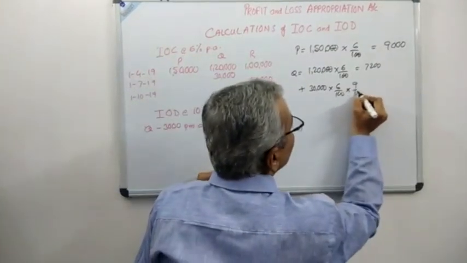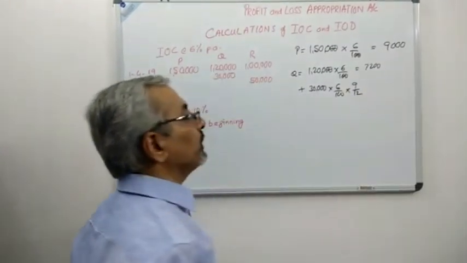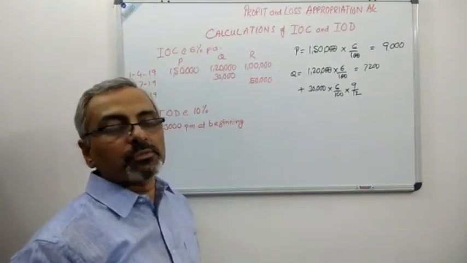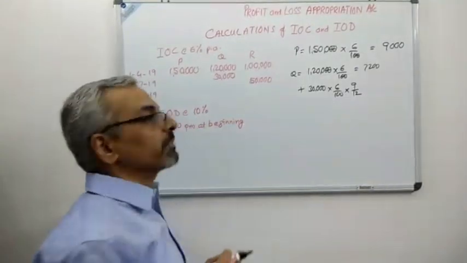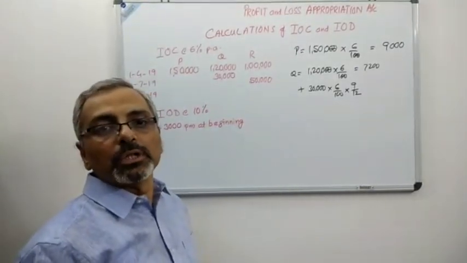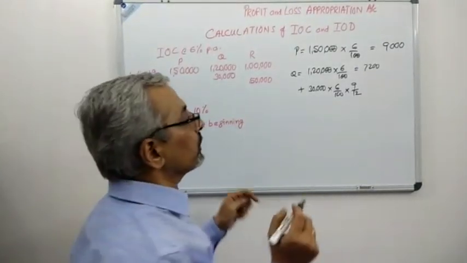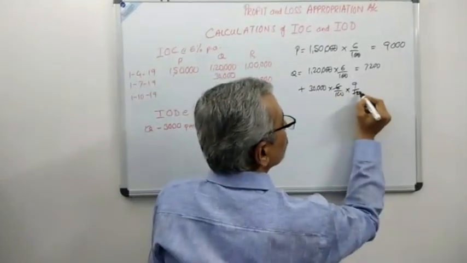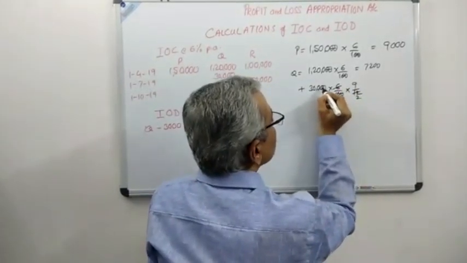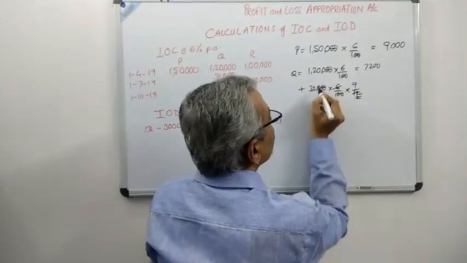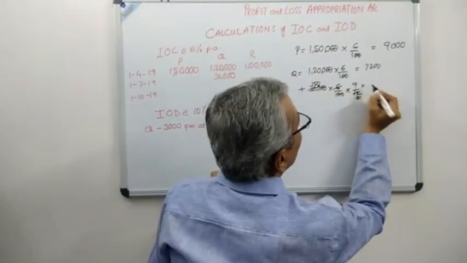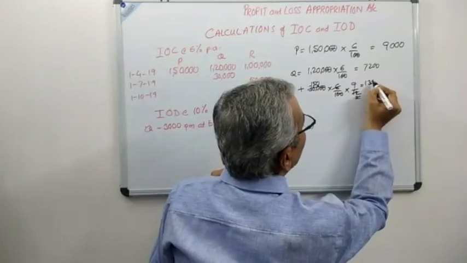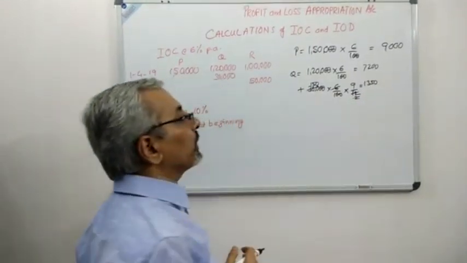We have 30,000 into 6 by 100 into 9 by 12. Why 9 by 12? Because the investment was made on 1st of July 2019. Let us cancel the 6 and the 12 together, cancel the two zeros, and cancel the 2 and 300 together. 150 into 9 gives you 1,350.